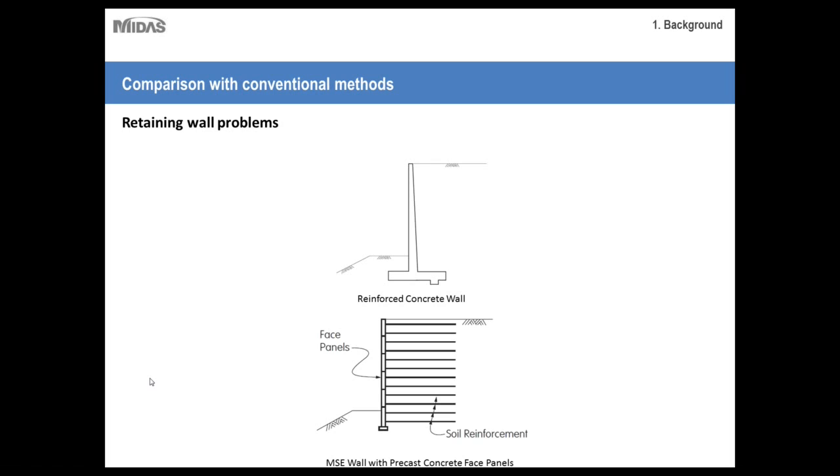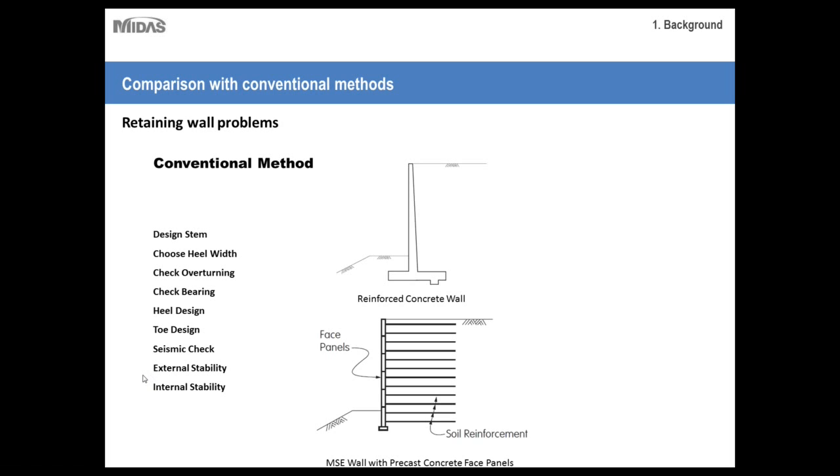Okay, so now let's discuss retaining wall problems. With conventional methods, essentially you would design for these criteria here. For example, the design stem, the heel width, overturning, bearing. Those are certain aspects of reinforced or retaining wall design that you can analyze using simple calculations that are based on physical laws.